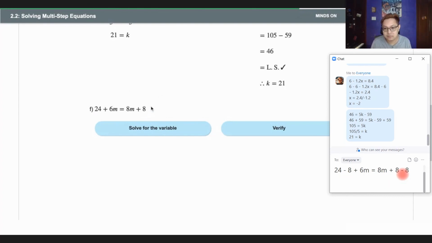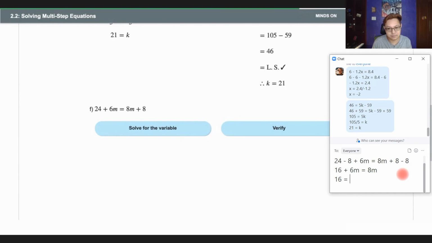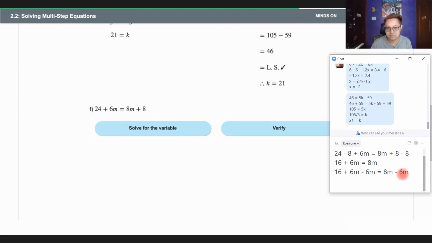Move 24 to the left, so it's 8 minus 24 is equal to negative 16, so 6m equals 8m plus negative 16. Wait, no, I think it's minus negative 16.